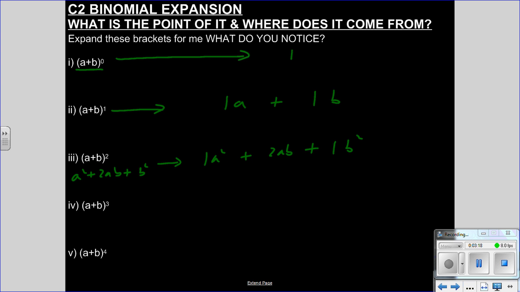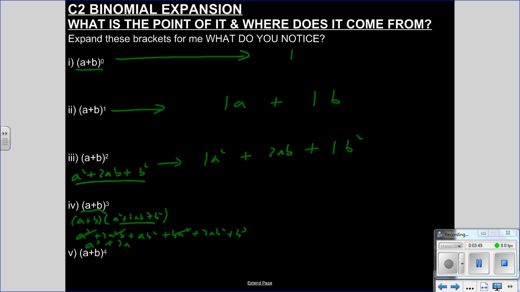A plus b cubed. Oh, we're starting to see why this is such a pain, because I don't want to have to keep expanding out brackets. I already know a plus b all squared is that, so now I need to times that. So that's a cubed plus 2a squared b plus ab squared plus ba squared plus 2ab squared plus b cubed. So this gives me a cubed. Any more a squareds? Yeah, that one.